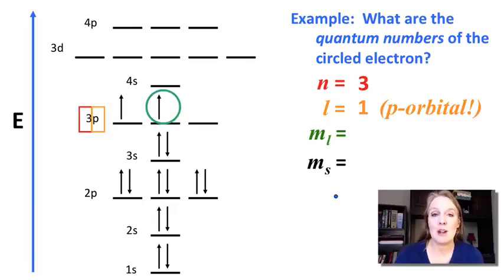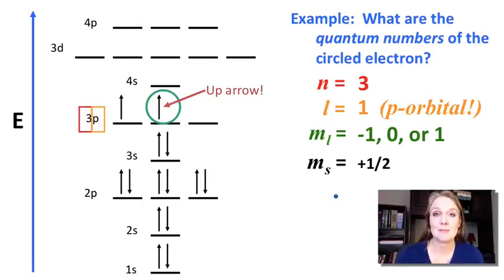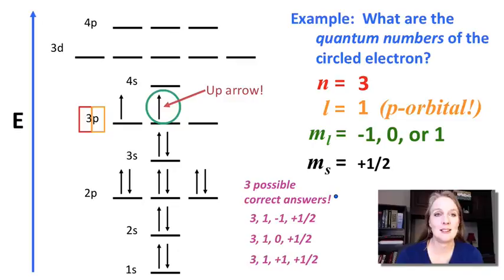It can be -1, 0, or +1. ms we cannot determine exactly experimentally, but we have agreed that if the electron's symbol is an arrow that's pointed up, we're going to say that's a spin of +1/2. So for this electron, there are 3 sets of quantum numbers that would be allowed. 3 possible correct answers. They all start with 3, 1. And then the third number on the list varies.